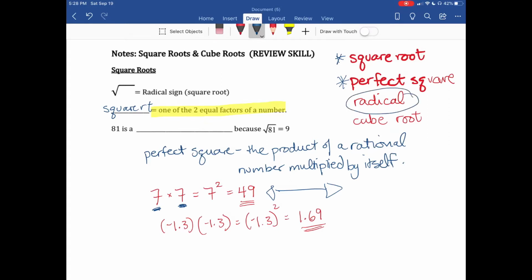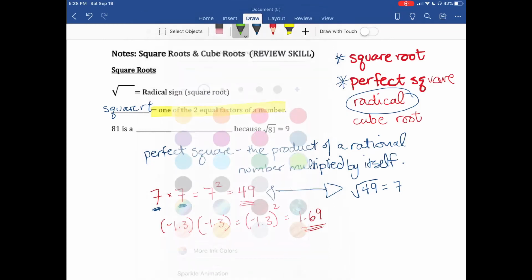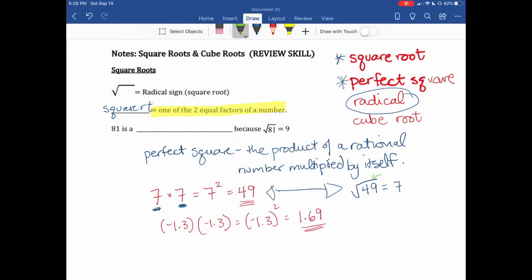And that brings our radical in. We use that radical sign. We learned that in the last vocab section. The square root of 49 is 7. And hopefully you remember that this is called the radical, but we can also refer to it as the root. That's the square root symbol.